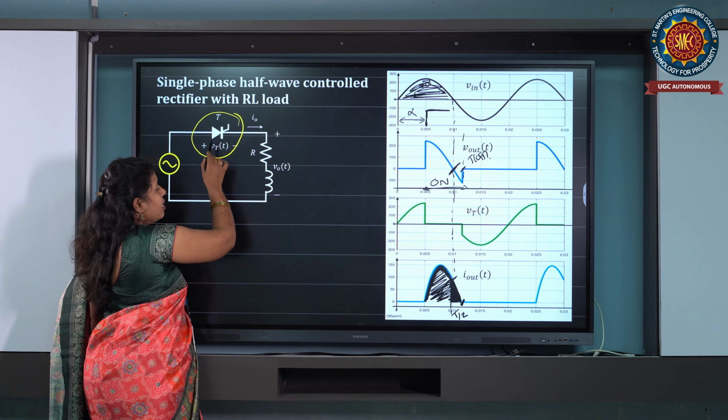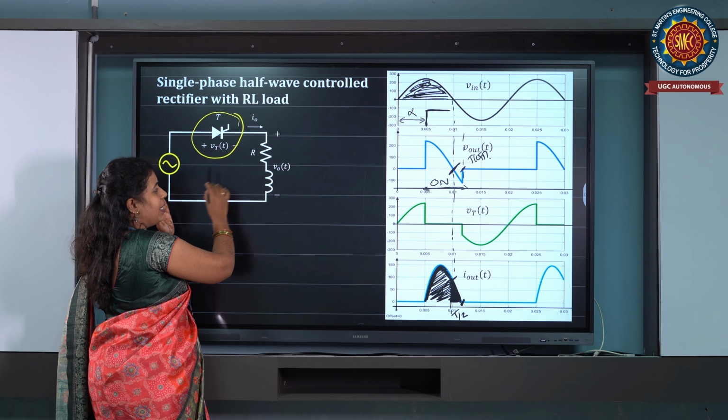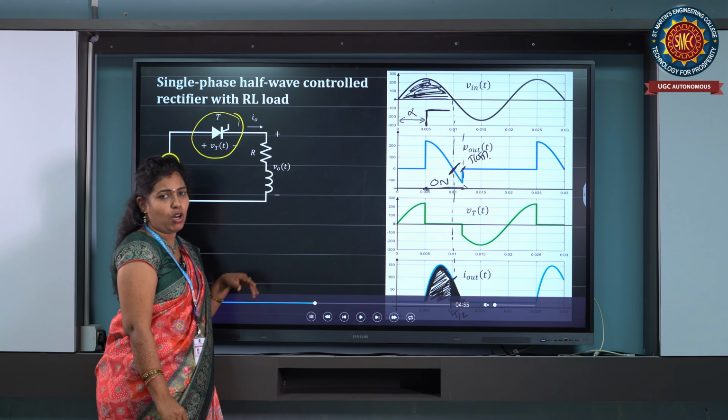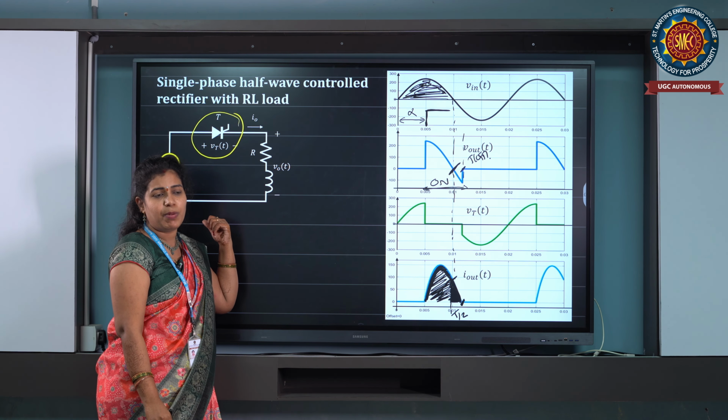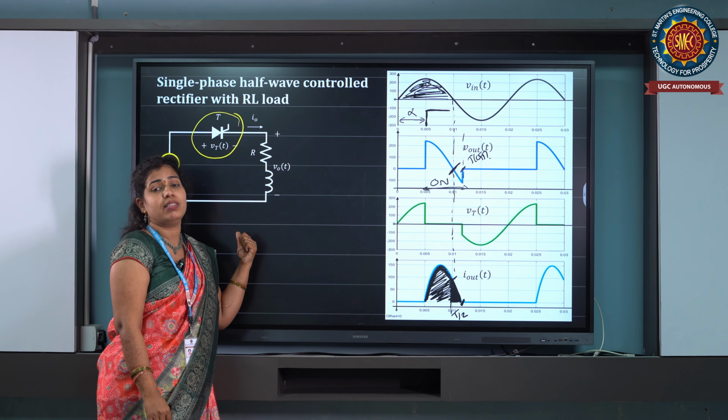At the time the thyristor is in the off state, there is no connection of the supply to the load. But due to the inductor present in the load, the nature of the inductor is twofold: it stores energy and it opposes sudden changes in current.